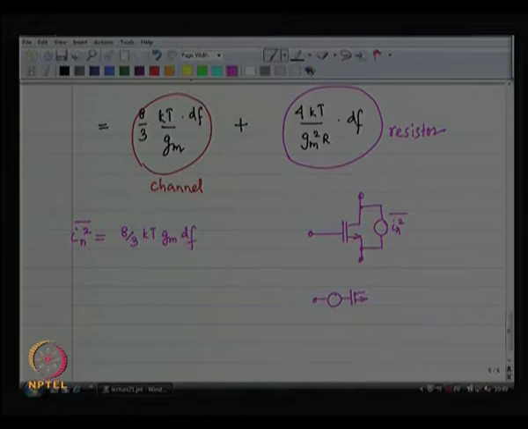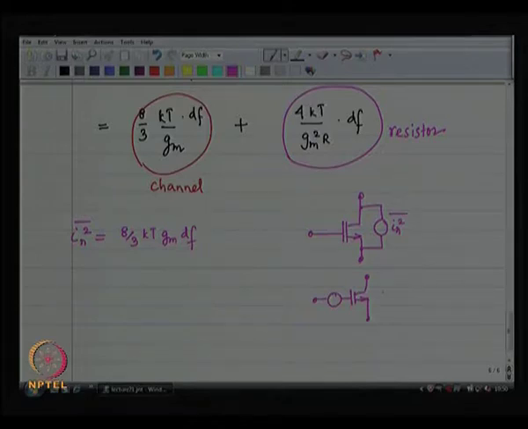If I apply a voltage on the gate, that will generate a current in the channel. If I apply a noise voltage at the gate, I will get a noise current in the channel. GM times that voltage is the current, right. So, if the noise current is so much, then the noise voltage that I applied at the gate was so much divided by GM squared, mean squared.